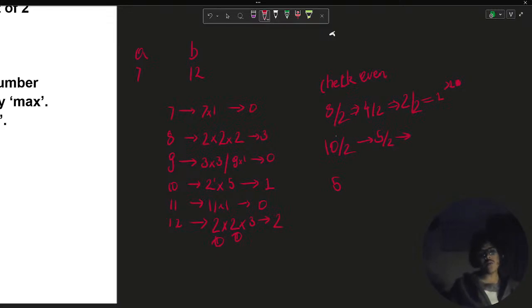So, basically, how many 2s are needed to make this number? The number of 2s needed to make up the number. This is what the question is asking.